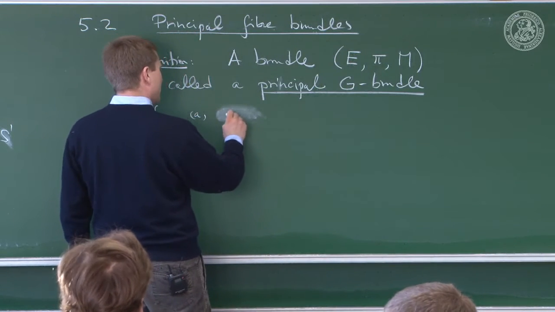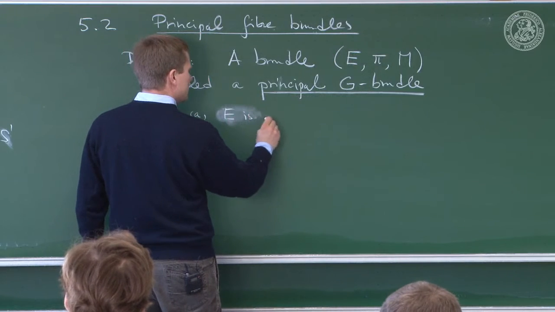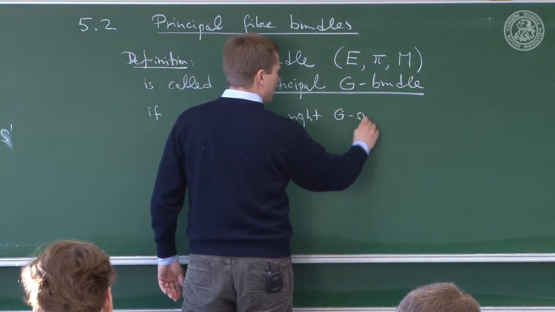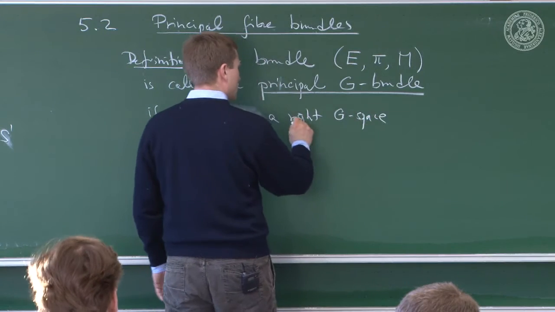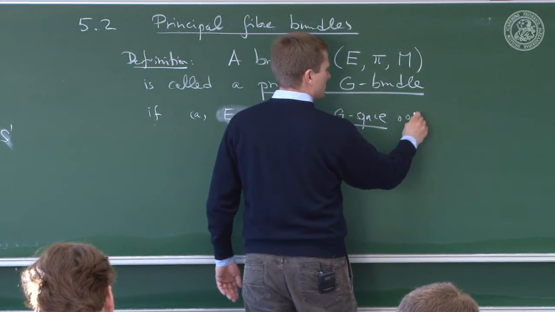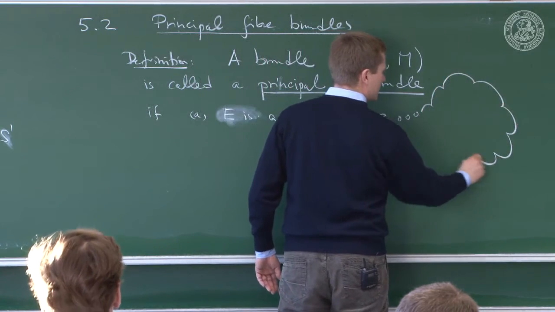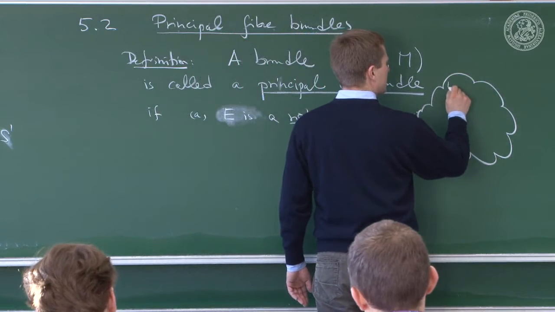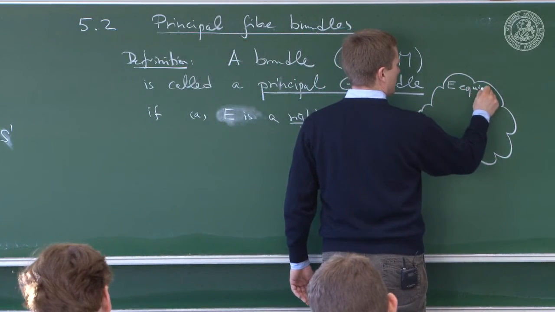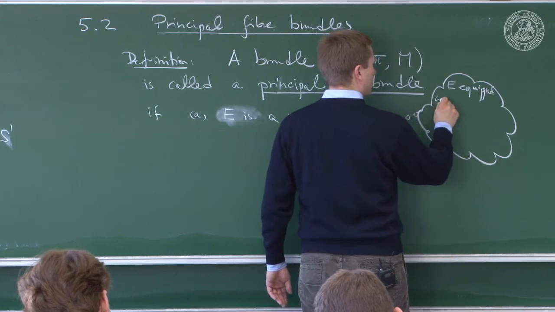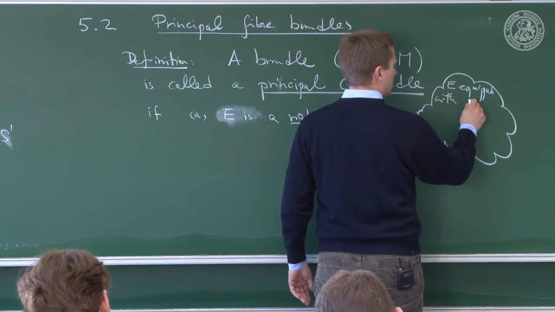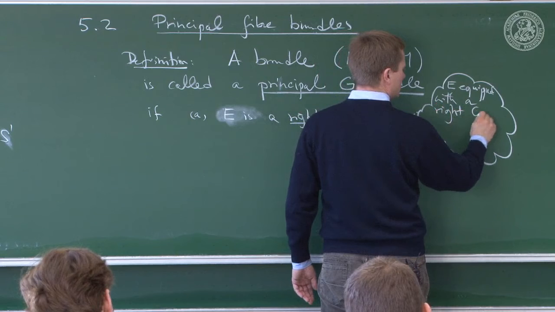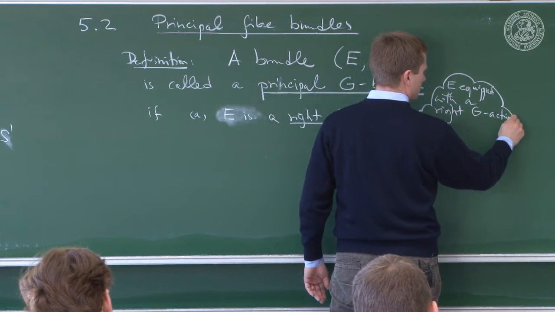So if E is a right G space, this is just terminology which in principle one doesn't need, it's just very convenient. That means E is equipped with a right G action.